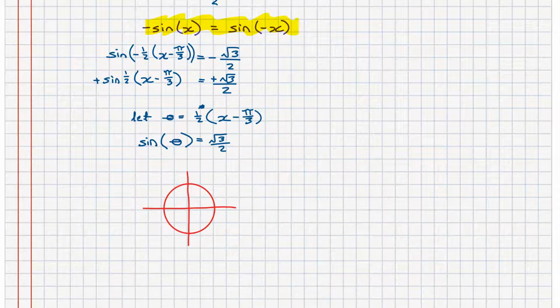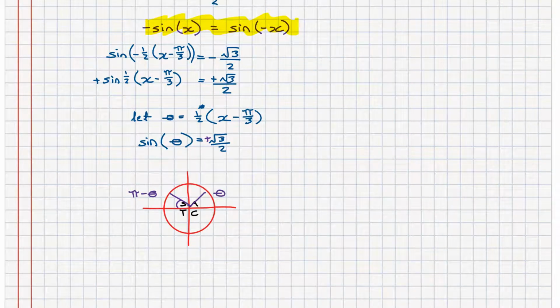Using the mnemonic of All Stations To Central, because this is positive here, we're going to expect a solution in quadrant 1 and then a solution in quadrant 2. So quadrant 1, it's just going to be theta, and then for quadrant 2, it's going to be pi minus theta.